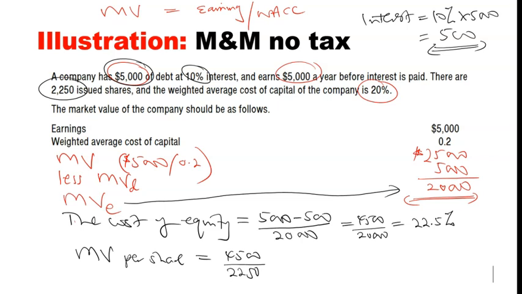Remember our P0. Remember the formula for our P0. We said P0 is equal to D over KE. Okay, and remember this is our KE. The 22.5% is our KE.